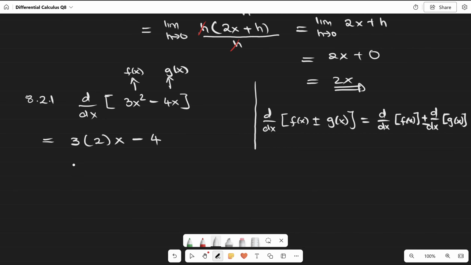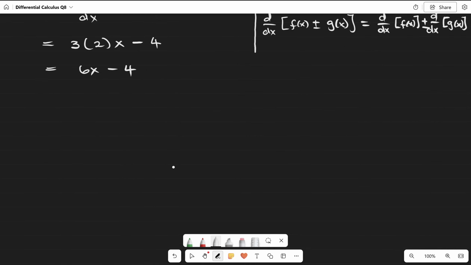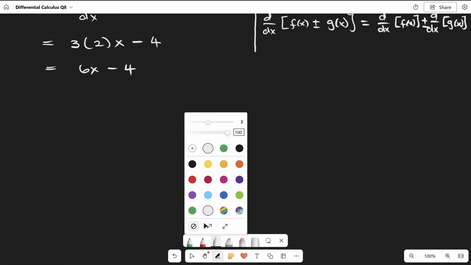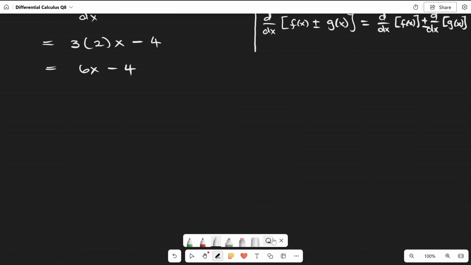So this is equal to 6x minus 4. That is our derivative for 8.2.1. So now we're going to go to 8.2.3.